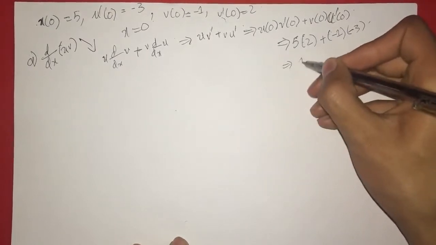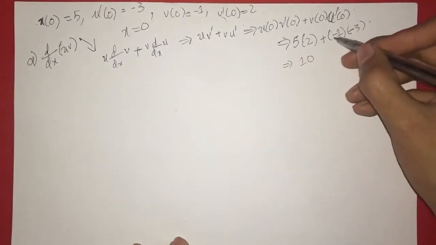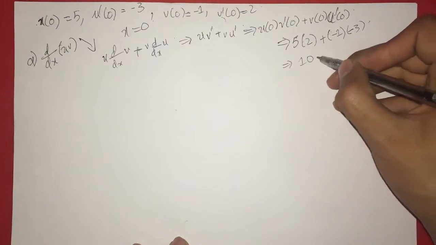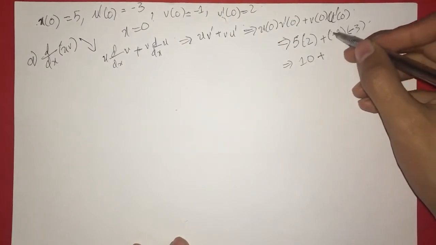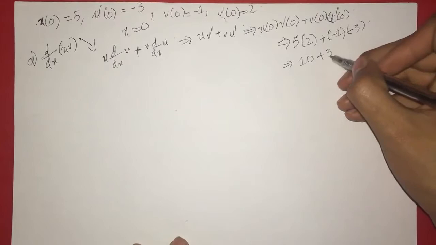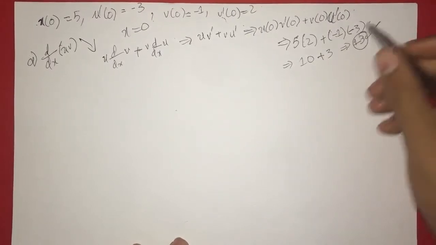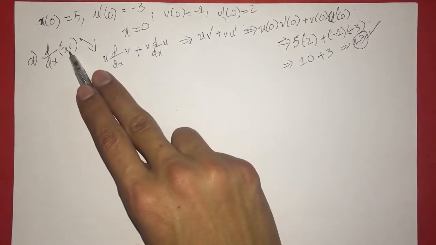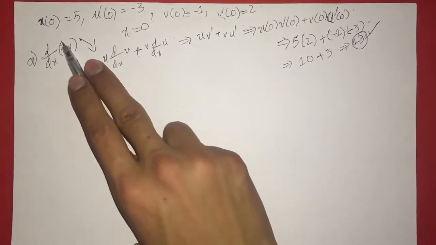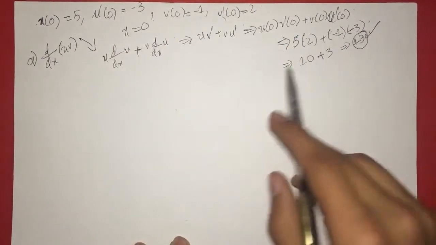So this is equal to 10 plus minus into minus plus 3. 10 plus 3, this is 13. So this is the derivative of u into v when you have these terms given.